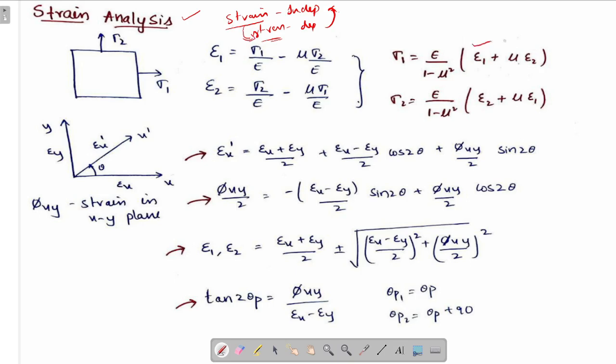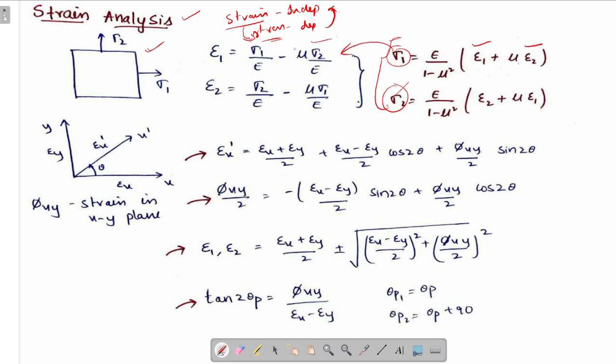So, if we have the values of strain, we have to use this formula in order to find the stress values sigma 1 and sigma 2. Okay, these formulas we obtained by solving these two equations. We know that if this is a stress condition, the strain will be sigma 1 by E minus mu sigma 2 by E. By using Hooke's law, extended Hooke's law, we got this formula.